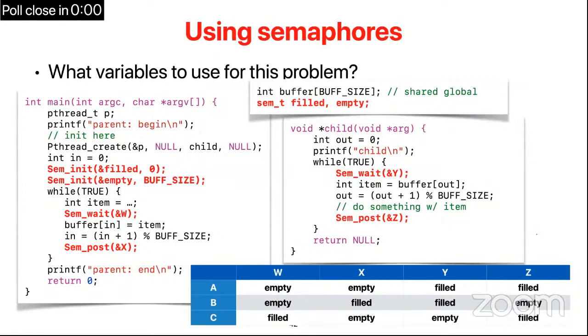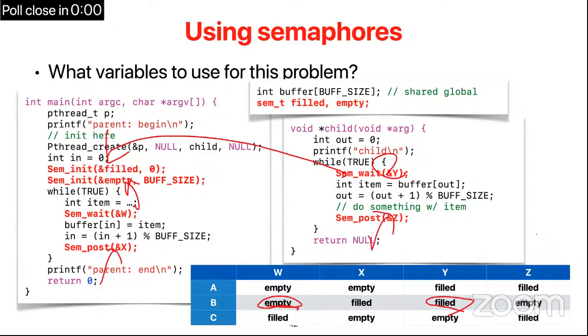So the consumer should wait on the filled, and the producer should wait for empty entries, right? So that's why W should be empty and Y should be filled. And then now how about X and Z?